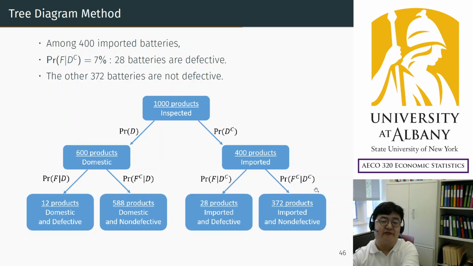They are non-defective. So in the end, I believe you understand what I'm doing. In the end, we classified a total of 1,000 batteries into four types, four categories. This is exactly what you wanted.